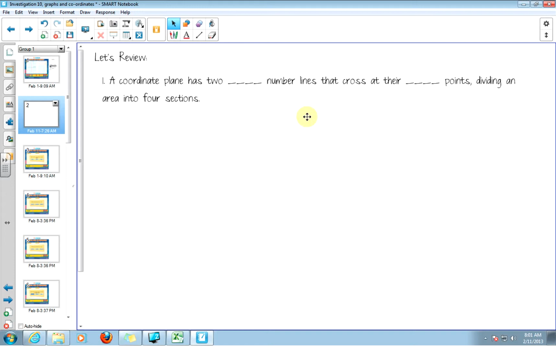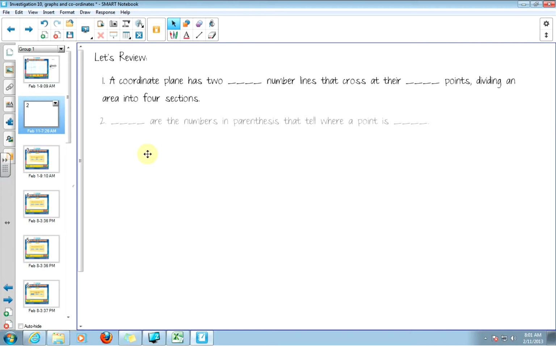Please fill in the blanks on your paper. You answered that a coordinate plane has 2 perpendicular number lines that cross at their 0 points, dividing an area into 4 sections. You are correct.